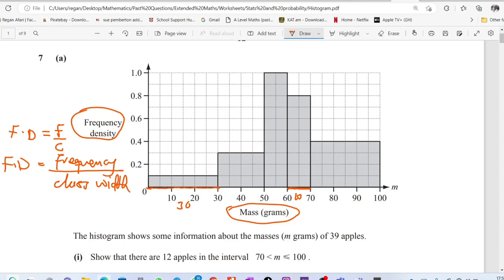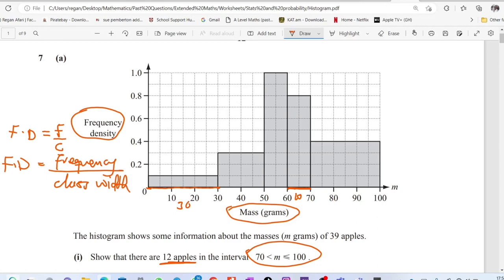Now, whenever they have drawn it for you, and they ask you to, for example, show that there are 12 apples within this interval, what they are actually looking for is the frequency within this interval. Normally, they will give you the frequency, but sometimes they can ask you to get the frequency. If this is the case, the area of each block becomes the frequency.